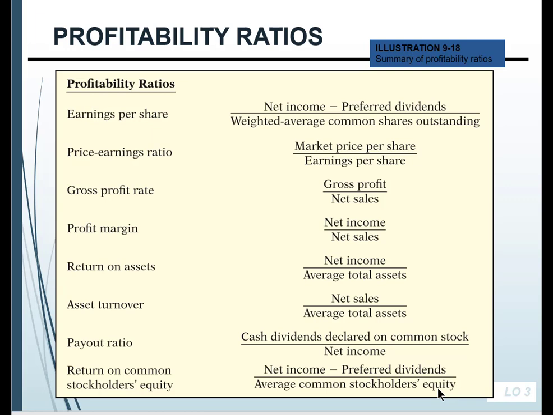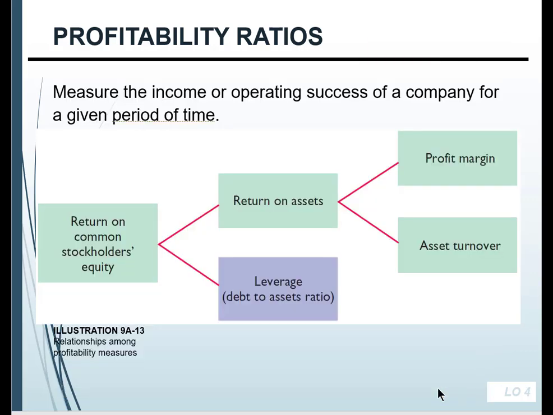As you see, we have several different ratios that we'll look at, and we'll go down the line and talk about all of them. But first, let's think about common stockholder equity. What return do investors get? This return comes from two things.